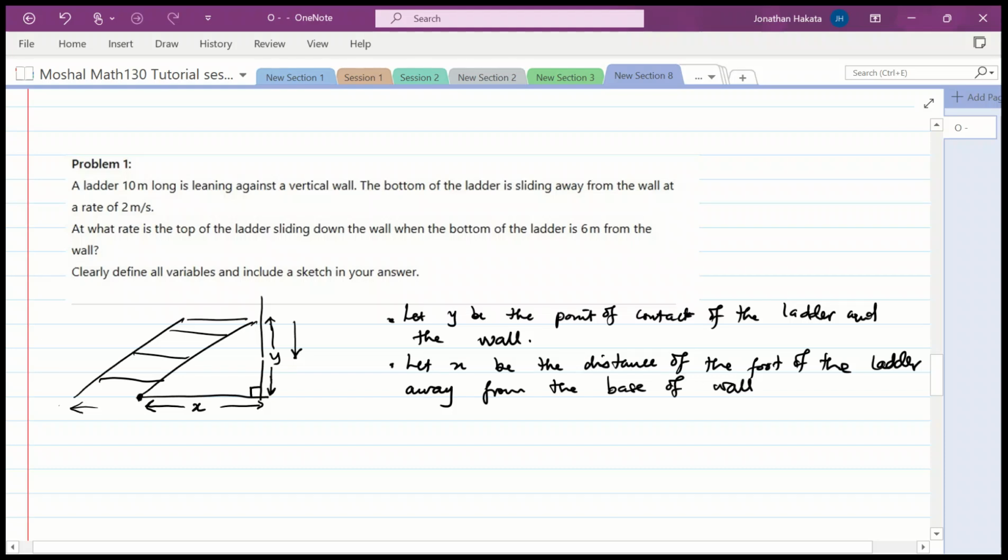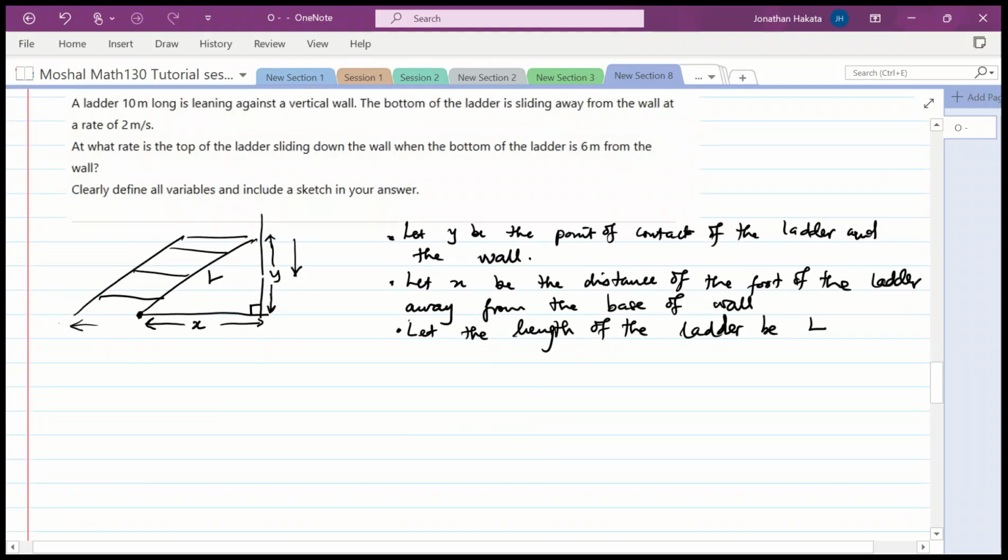They said we must define these parameters. And let the length of the ladder be L. So we can just have a letter L there.